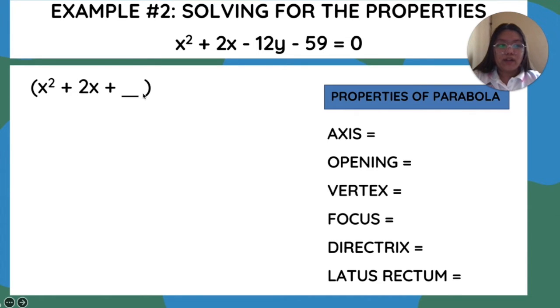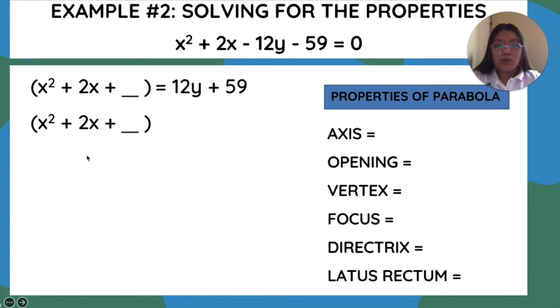And we need to move the y variable to the right hand side. So we need to fill in the blanks, and to do that, we need to divide the 2x by 2, so it will become 1, and square it, so it will be 1, and add it to the right hand side.